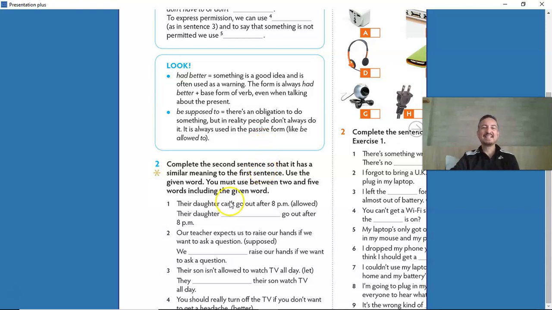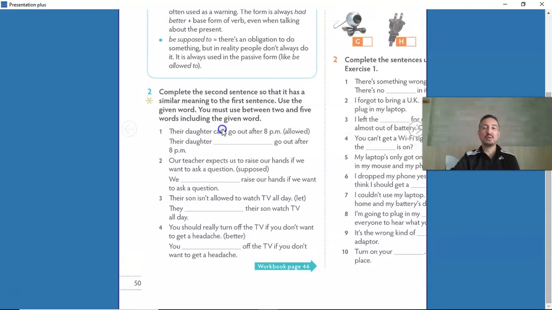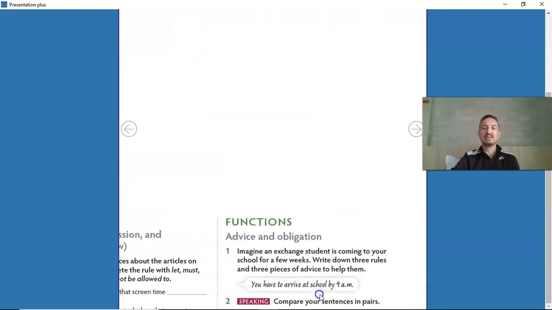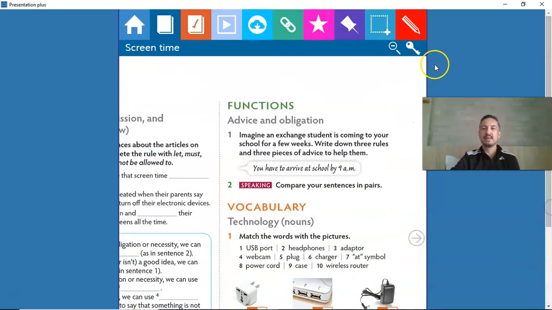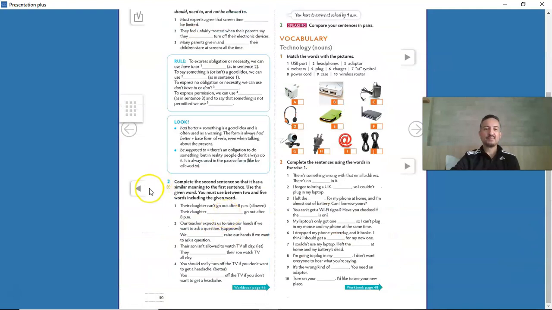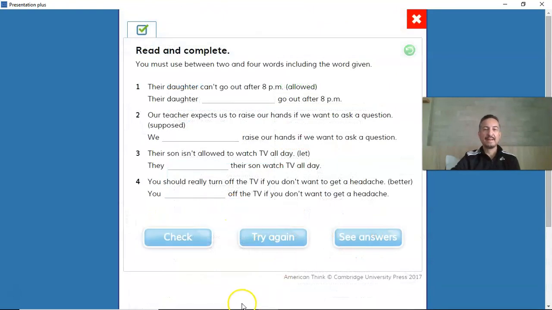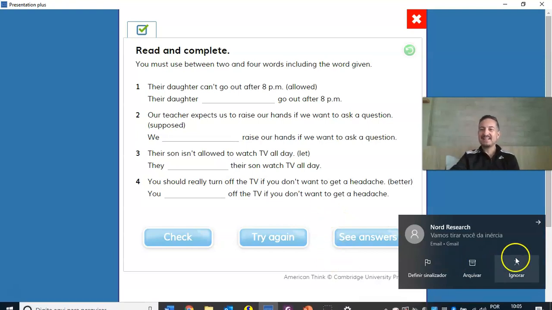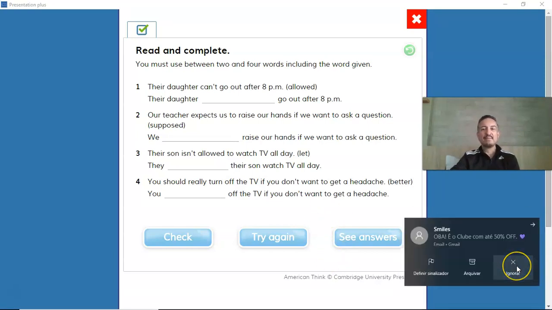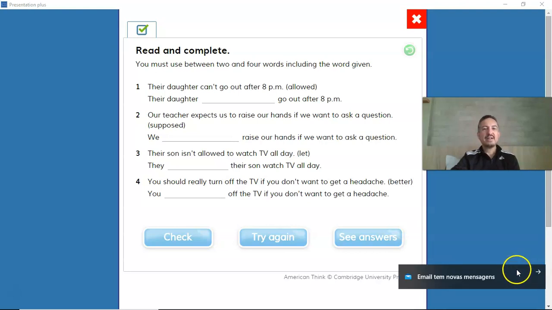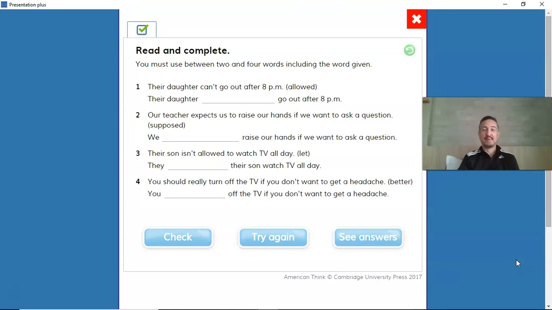Now let's take a look at activity number 2. Let's do it in the activity mode. I'm going to do the first one and I'll give you some minutes to do the rest. Their daughter can't go out after 8 p.m. So this is a prohibition.